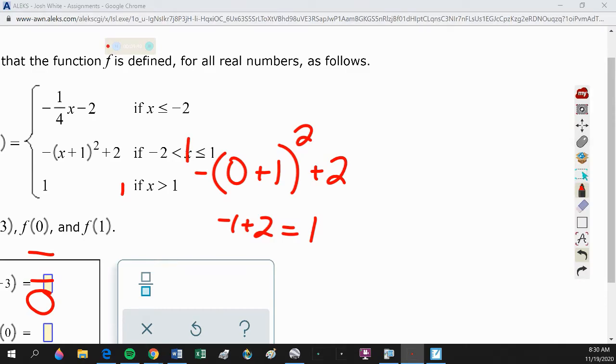Is 1 bigger than -2 but smaller than 1? Yes. So we would put 1 in here and solve. Does that make sense? So look at your x value, figure out which equation you plug it into, plug it in, and then simplify.